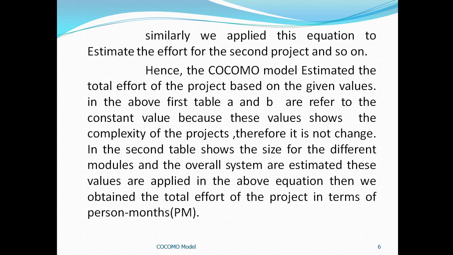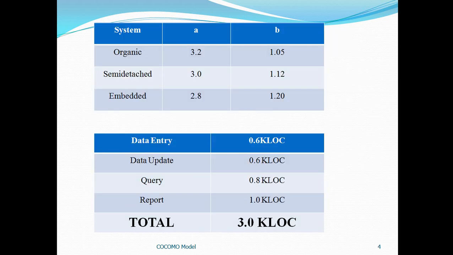In the above first table, A and B are referred to as constant values because these values show the complexity of the project, therefore they do not change. Right? So the A and B values refer to the complexity and type of the project, therefore they are constant.